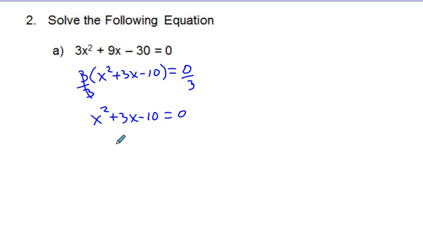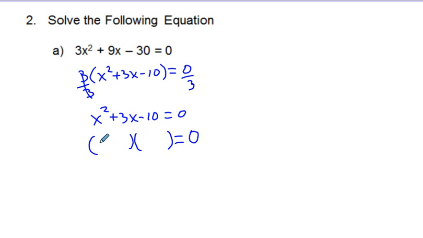Well, the easiest way to solve problems, I've found, is by factoring, if we can. And if we can't factor, we can look at other things. But what are we looking for here? We're looking for two numbers which when multiplied together equal negative 10, but when added together equal 3.